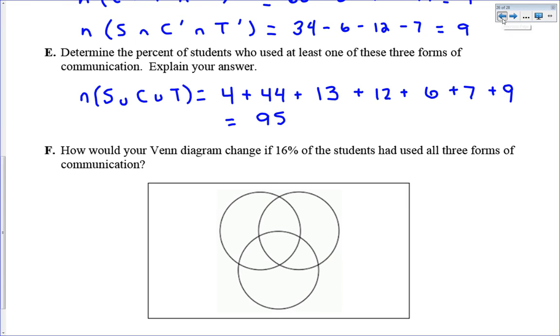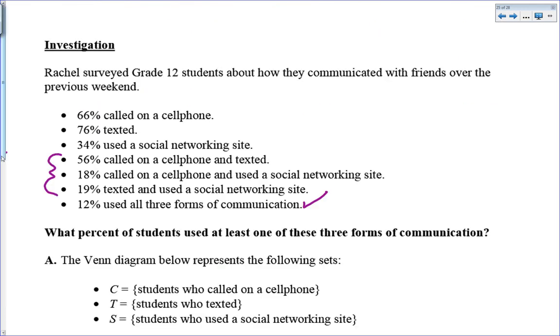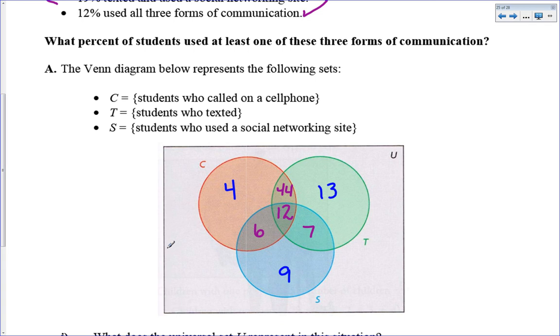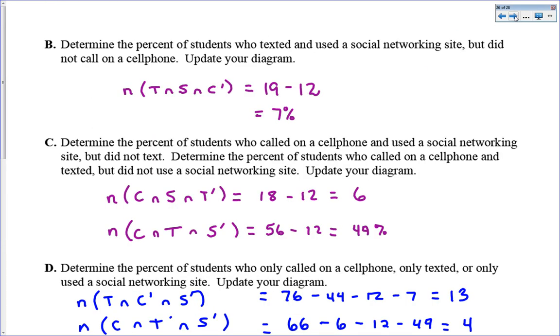Which also means that we can add in 5 on the outside. 5 did nothing. Those poor 5 people who have no forms of communication other than talking.